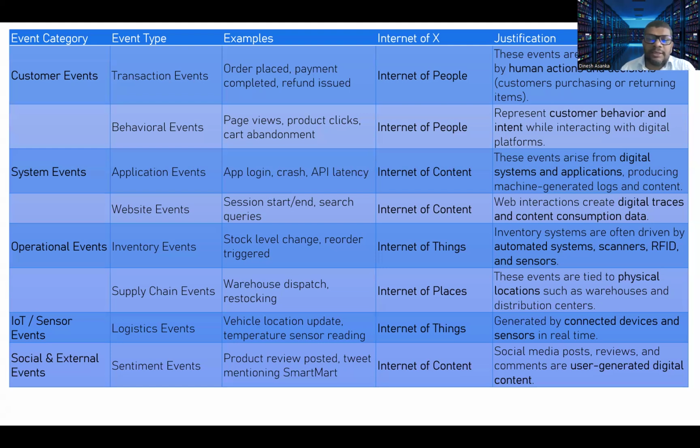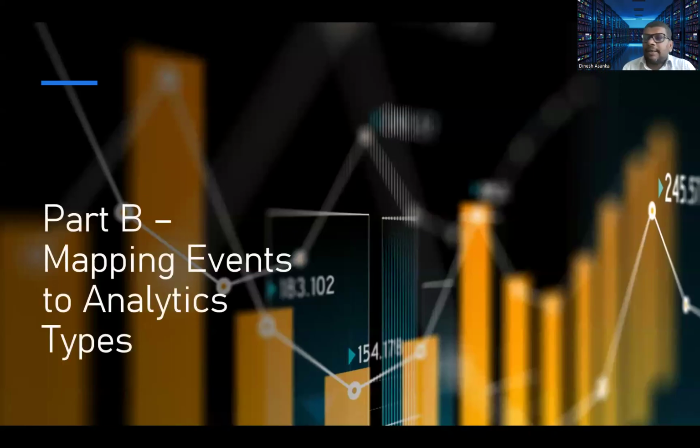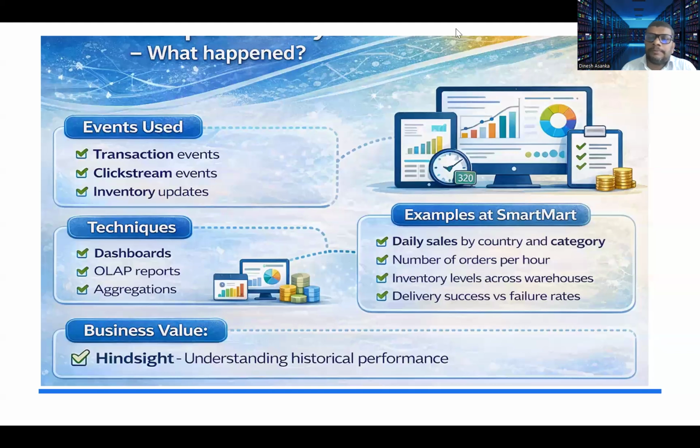So then the next one is mapping events to analytics types. We looked at 5 types of analytics, so here we are looking at those analytics types. Right. What happened? Descriptive analytics. What are the events? The important thing here is what are the events that can be used for descriptive analytics?